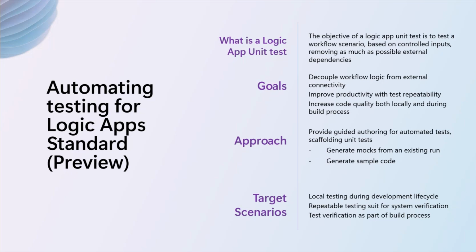And after that, to verify that the logic that you wrote was correct, you would have to manually look at the history to make sure that it worked fine. So we thought that was quite a manual process, and that wouldn't give the level of quality, but also the level of productivity that developers would need.